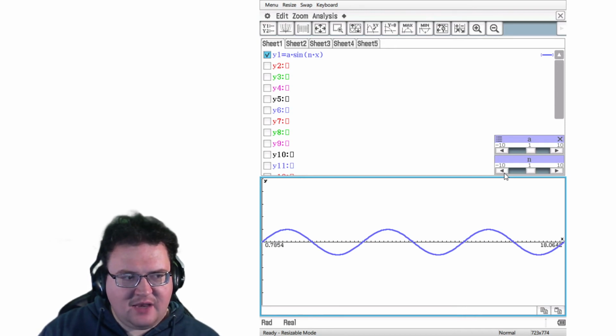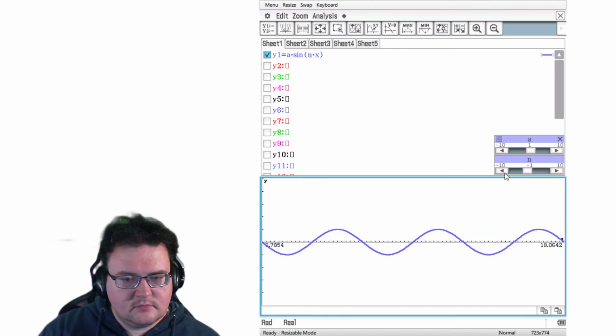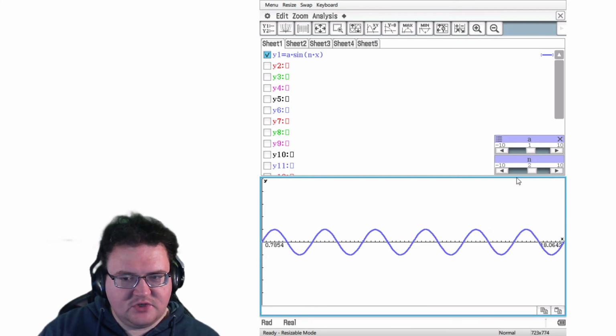What happened when n became negative as well? It flipped it as well. Interesting.